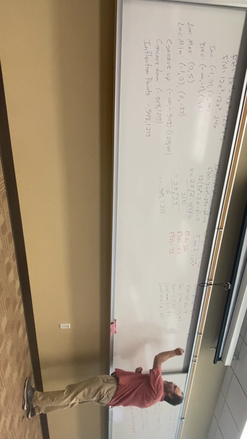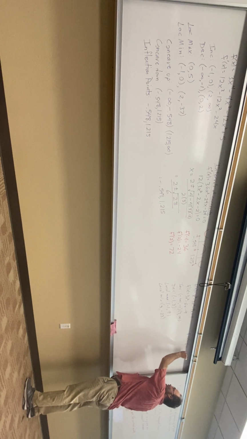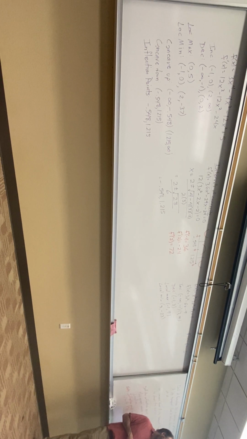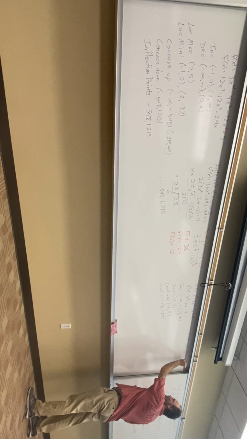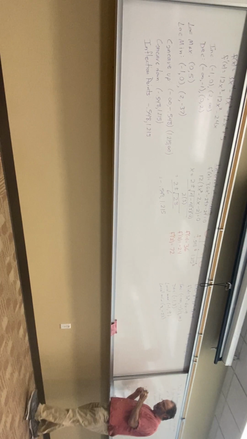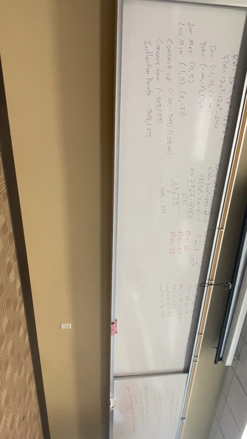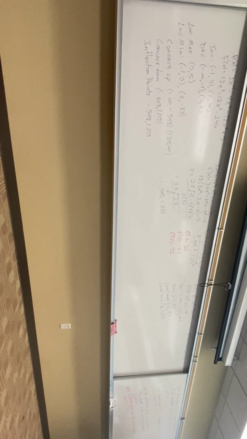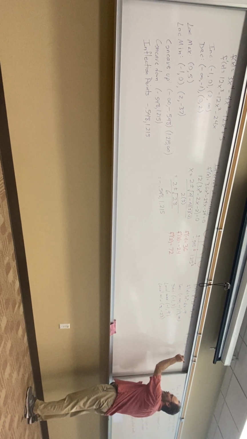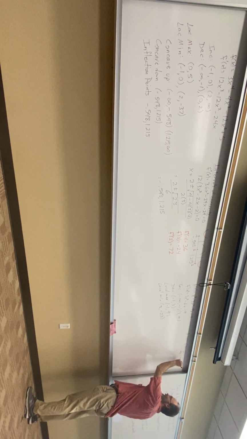So our second derivative is 6x minus 6. And what are we going to do with this? Set it equal to 0. So now we have 6x minus 6 equals 0. Because it's degree 1, the easiest way to solve it is just add 6 to the other side.